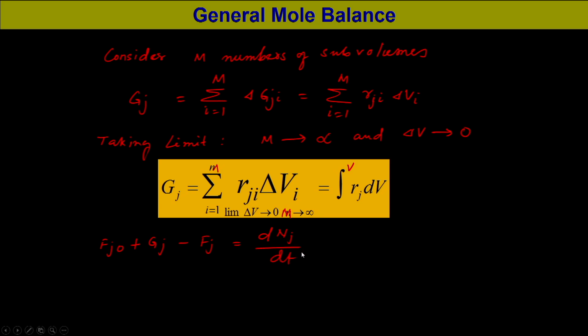Now, if we substitute Gj over here, we would obtain Fj0 minus Fj plus the integral over V of Rj dV would be equal to dNj/dt.